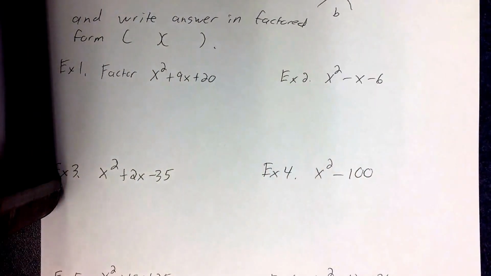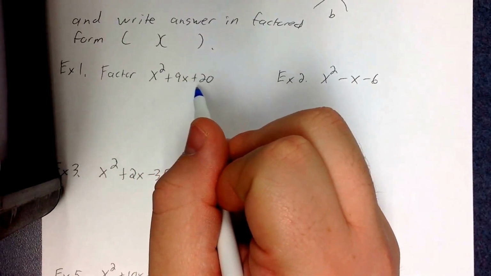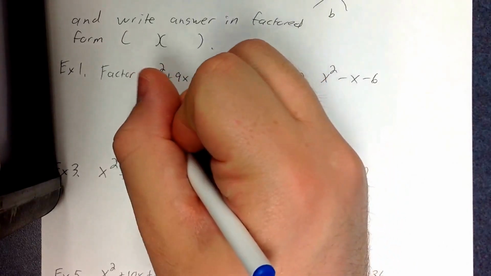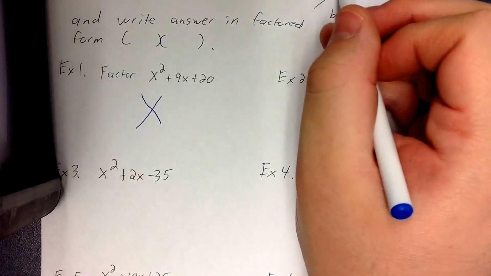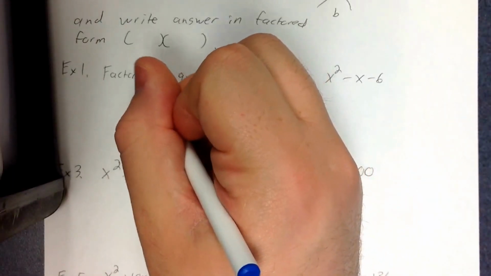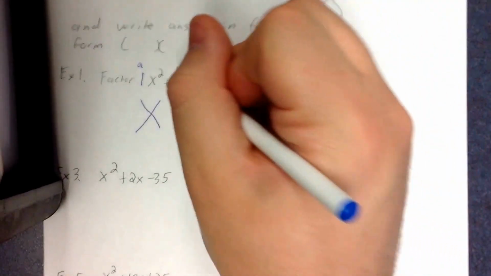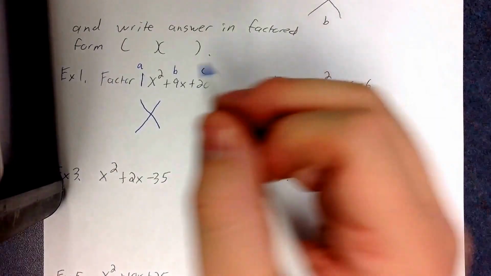So if we look at an example, factor x squared plus 9x plus 20. So we want to make a diamond. Again, on top of my diamond is A times C. Well, A in this case, the number in front of x squared, is 1, B is 9, and C is 20.